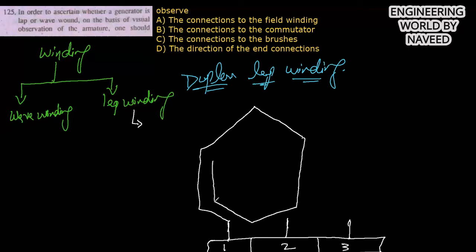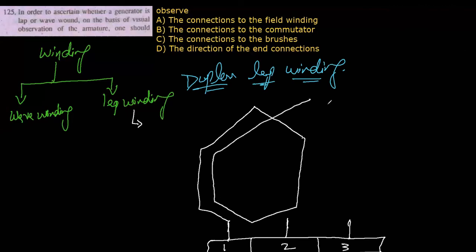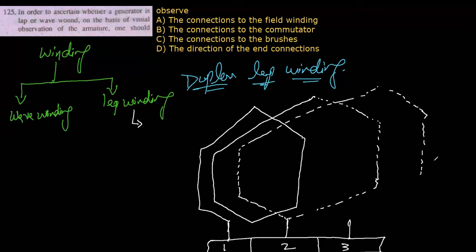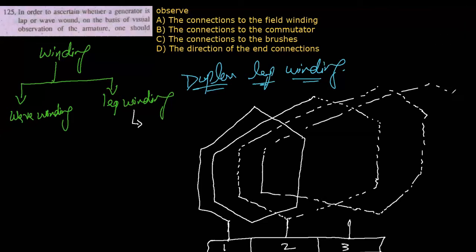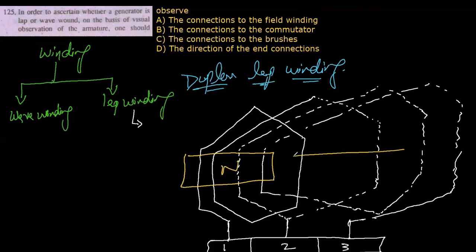So it will overlap two times like this. So this will be your duplex lap winding. So these four poles will be your north pole and these four poles will be your south pole.